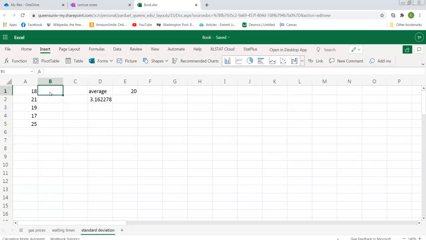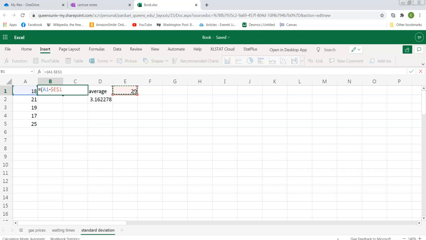All right, so we got the mean of 20. The first thing we're going to do is take each observation and subtract the mean. If you remember, I think you probably did this back in your 111 class.